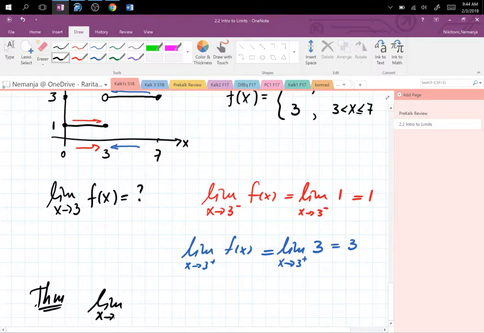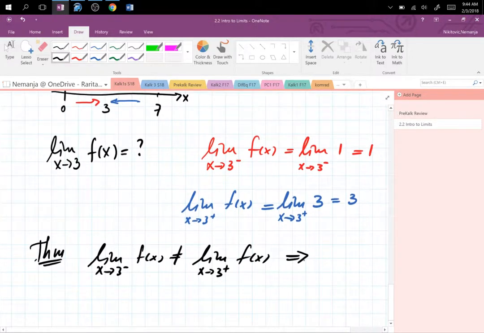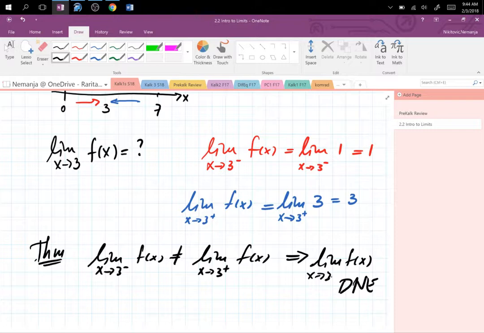The limit as x approaches 3 minus of f of x is different than the limit from the right, which implies that the overall limit of f of x does not exist as x approaches 3. So now you see in the notation 3 minus is the left one. We know the answer for that was 1. The 3 plus is the right one. The answer for that is 3. 1 is not the same as 3. Therefore, the limit does not exist.